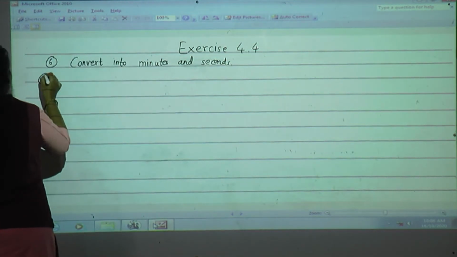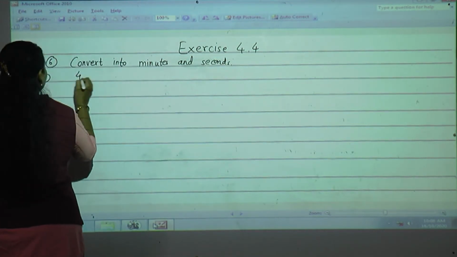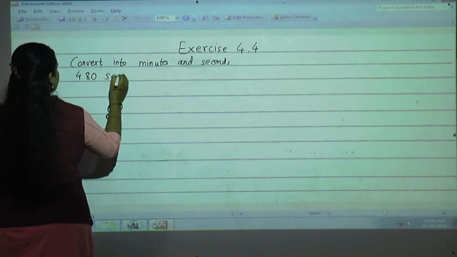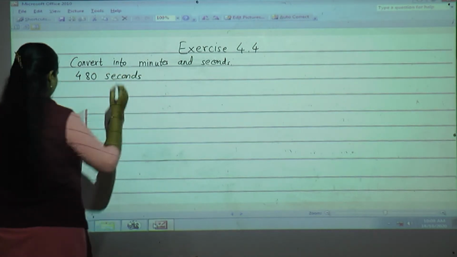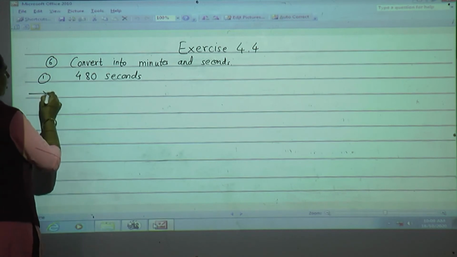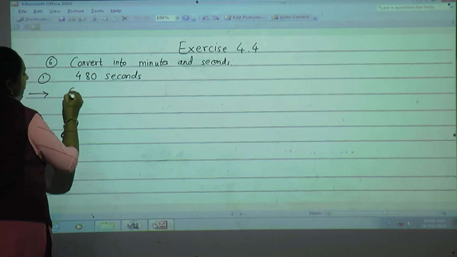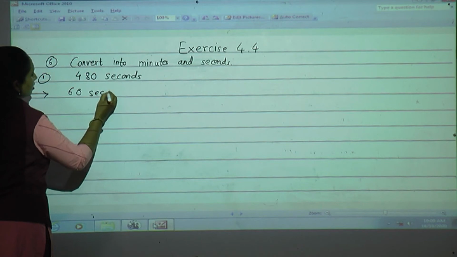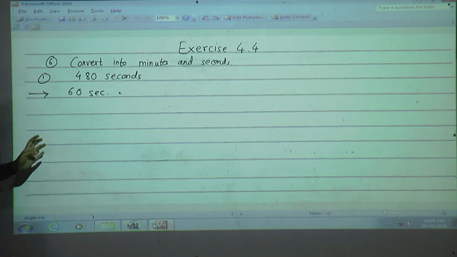First one we will solve. 480 seconds. See? Seconds, when you want to convert into minutes, what do we have to do? We have to, yes, divide by 60. Okay? You know that 60 seconds means 1 minute, or 1 minute means 60 seconds.